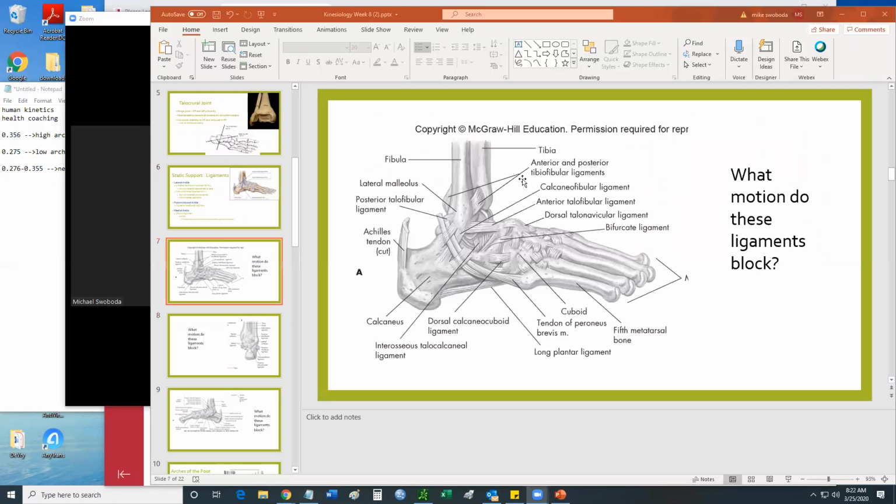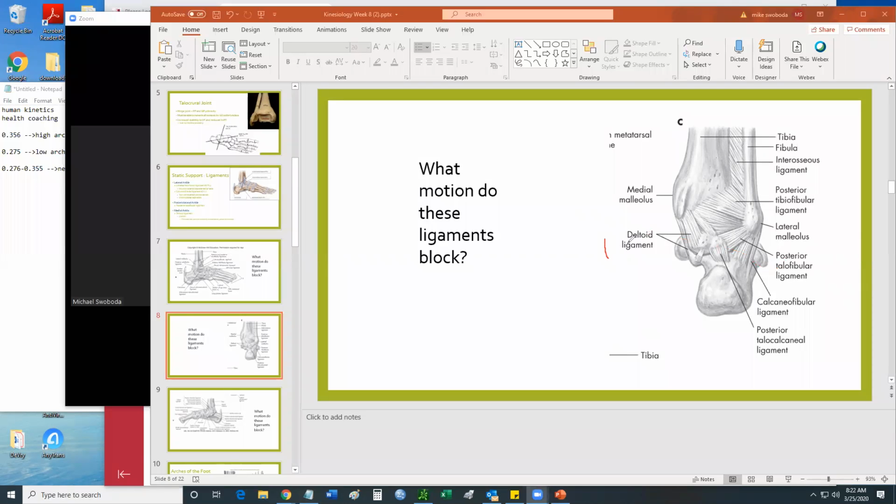If you go and sprain your deltoid ligaments from an eversion sprain, that would mean that you'd roll your ankle inward. So your medial ankle would be touching the ground, your lateral ankle would go up. And if you do this, your life is in not a good place. I mean, yeah, it sucks if you roll your ankle on the lateral side and sprain your ankle.